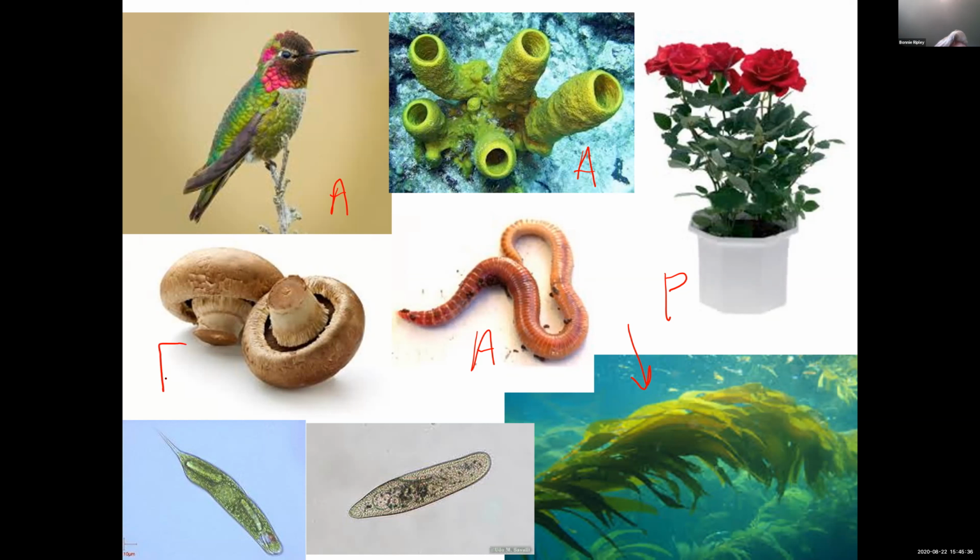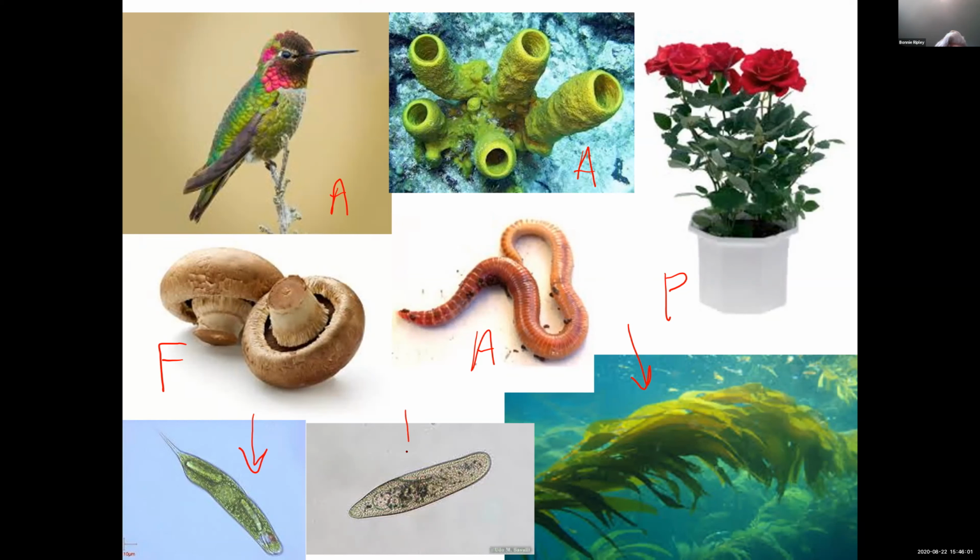Here's our mushroom, it's a fungus. And the same thing with these other organisms down on the bottom of the slide. These are also eukaryotic organisms, but they're single-celled. So this one here is Euglena. It's a single-celled eukaryotic organism. So we can have single-celled eukaryotic organisms that don't belong in either the animal, plant, or fungi category.